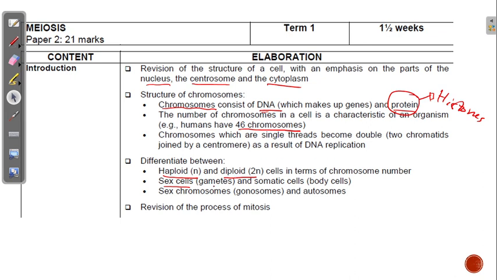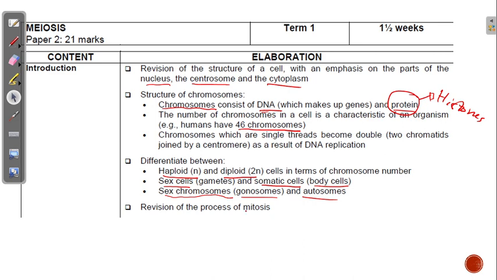So just as we call the male one a sperm, the female one is an ova. Then somatic cells, those are all your body cells except for your sperm or the female ovum. Then sex chromosomes. Sex chromosomes include your gonosomes and autosomes, which we'll look at right now.